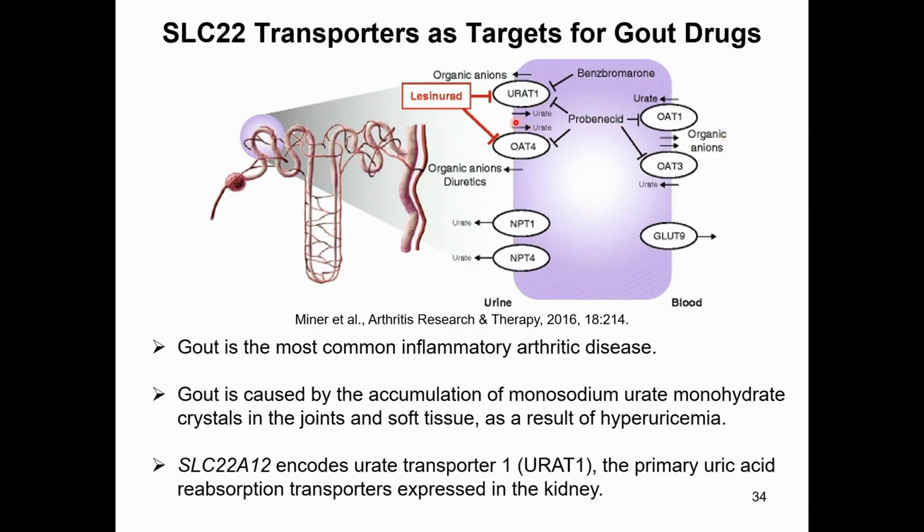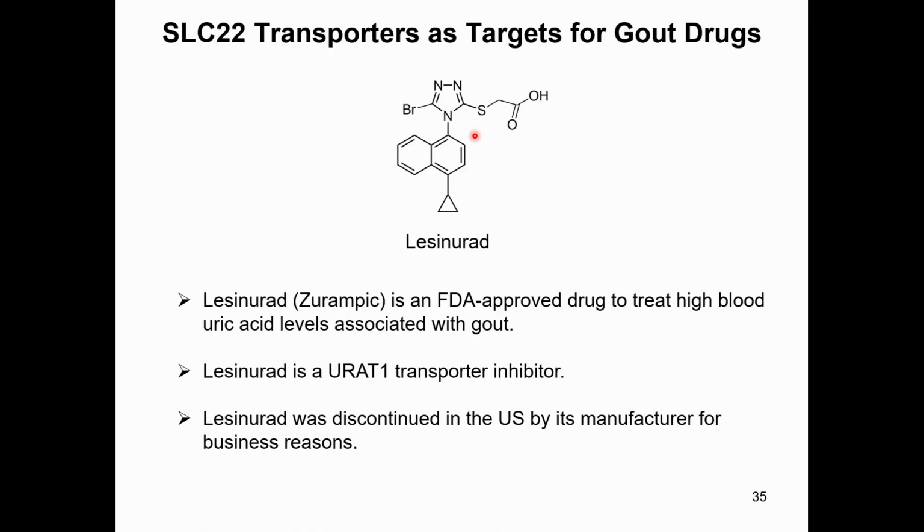And so it's really a reuptake inhibitor thing, kind of analogous to SSRIs, except that in this case, instead of a neurotransmitter, you have uric acid, urea, which of course urine is called urine because it has urea in it. Okay, and that's what the drug looks like, but it's an inhibitor of an SLC protein that's involved in urea transport.